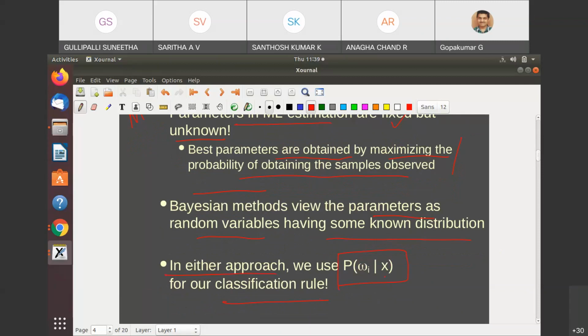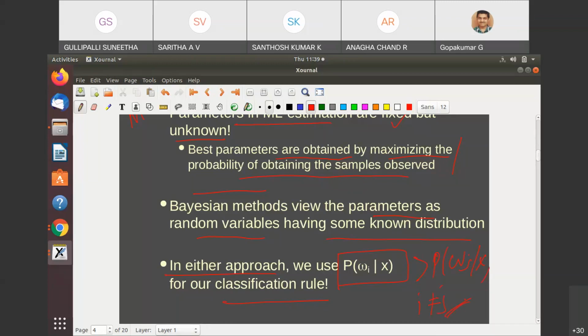Whether you find a Bayesian distribution and use that for finding the posterior probability, or find a best parameter using MLE and use that for finding the posterior probability, finally the classification is going to be based on whether this is greater than the probability of Wj given x, where i is not equal to j.